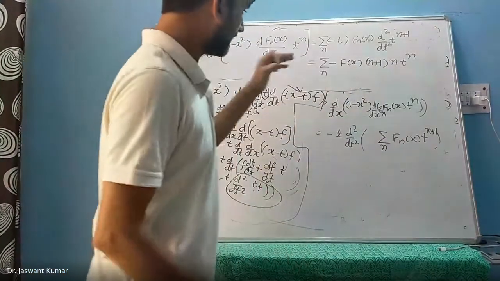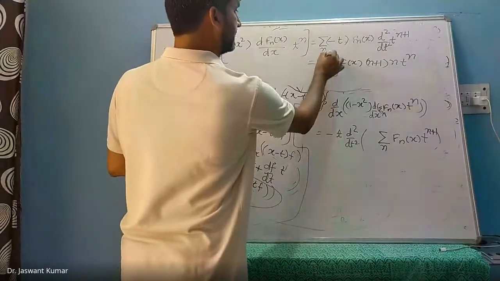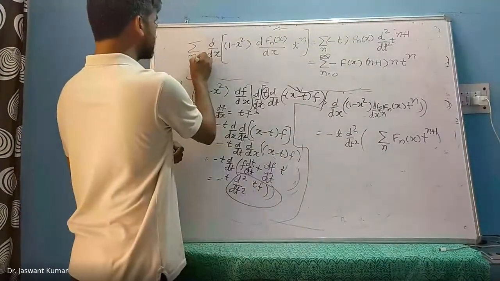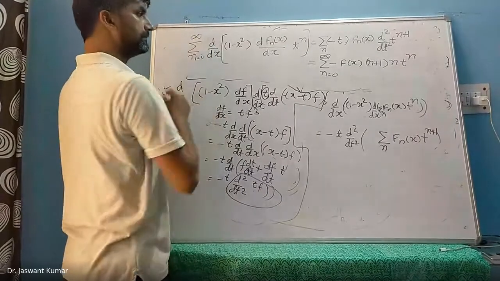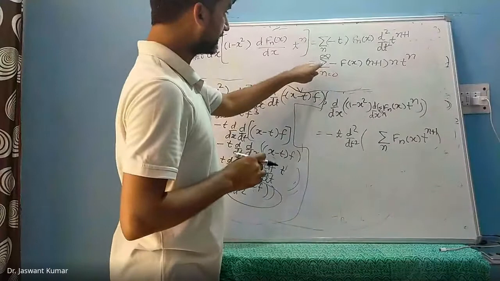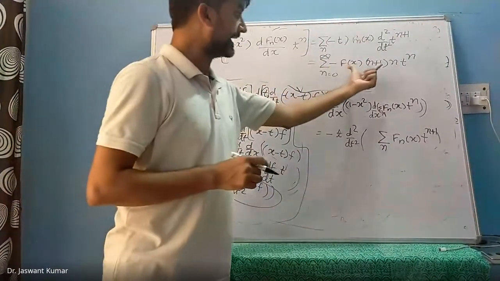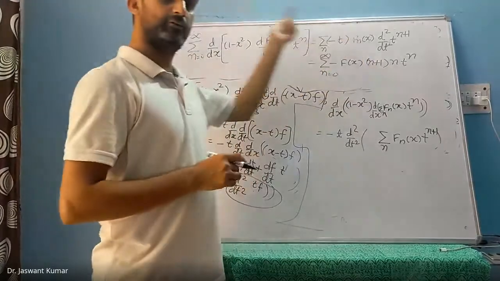So now what you can do is this is a summation going from 0 to infinity. This is also a summation going from 0 to infinity. So you can combine this summation with this summation. That means you can get this term from the right hand side onto the left hand side.